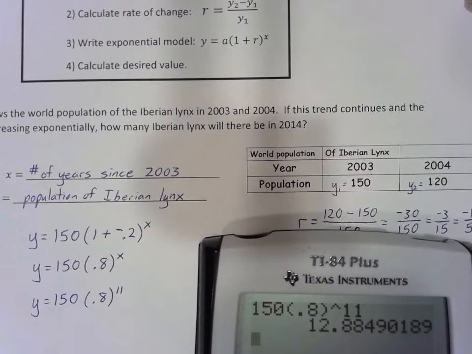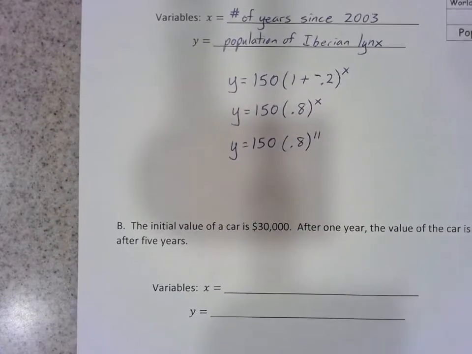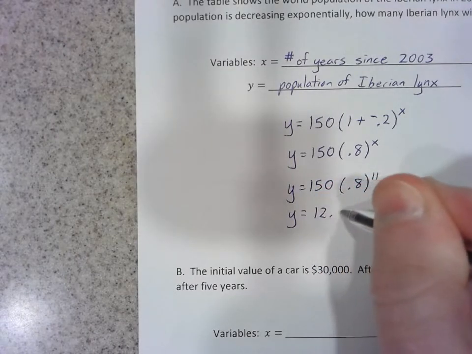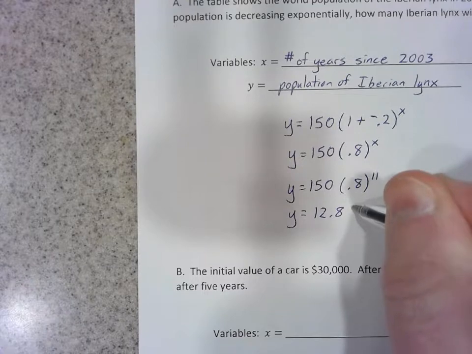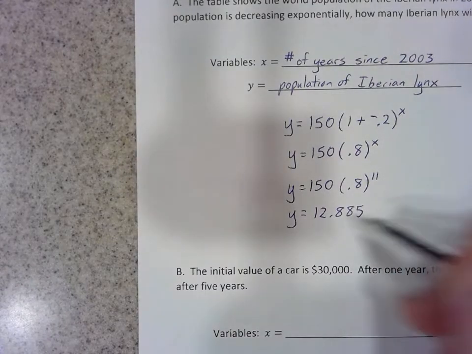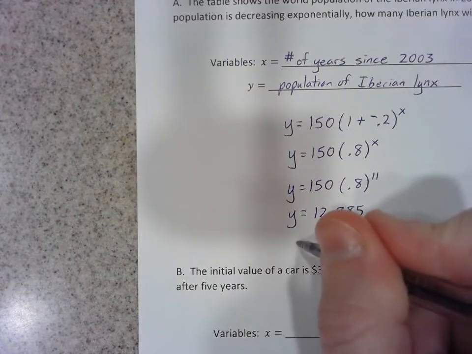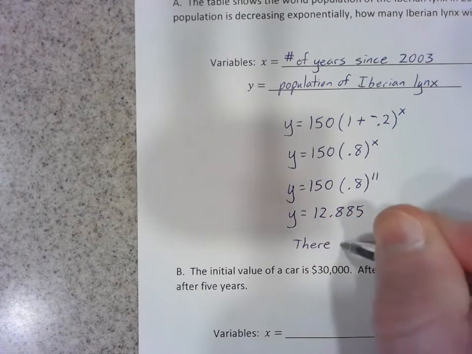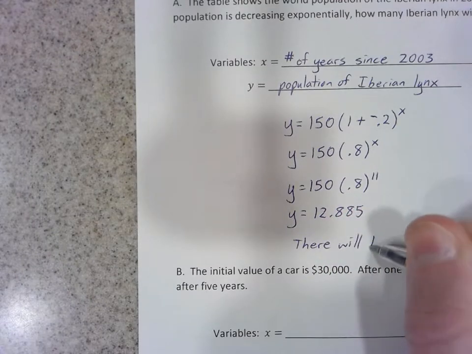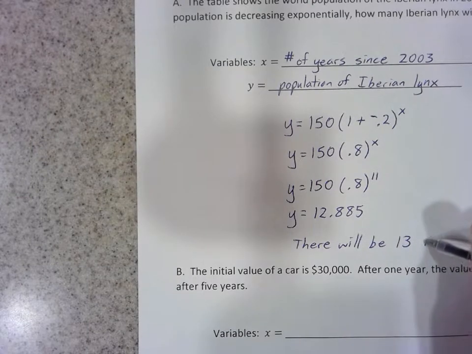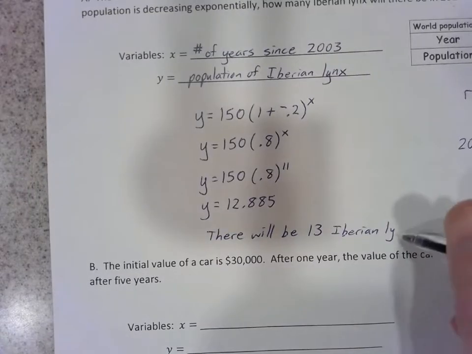And so as usual, it's not a bad idea to write down the decimal and say, okay, it says 12.885. And so the answer, how many Iberian lynx will there be in 2014? There will be 13 Iberian lynx.